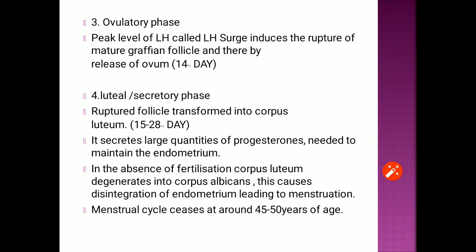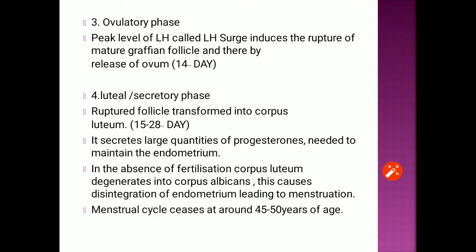The fourth phase is the luteal phase or the secretory phase. The ruptured follicle is transformed into the corpus luteum, and this stage lasts from the 15th day to the 28th day of the cycle. It secretes large quantities of progesterone needed to maintain the endometrium.